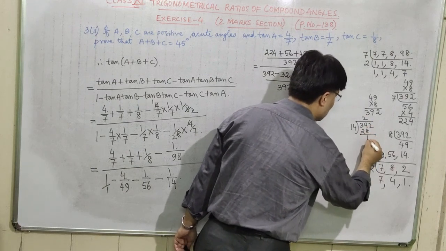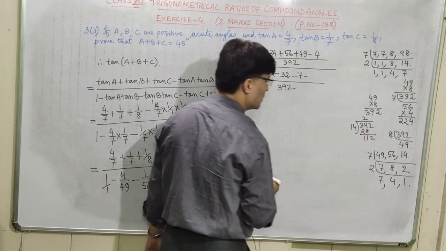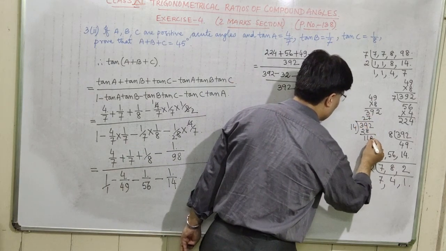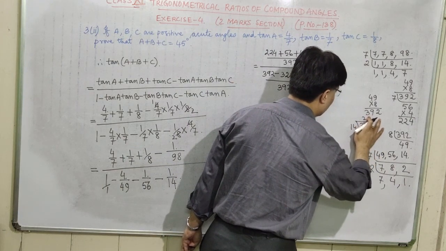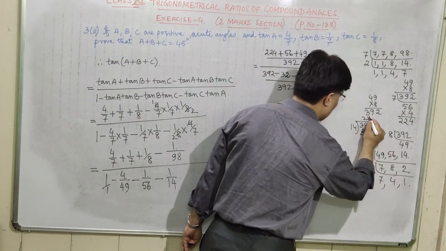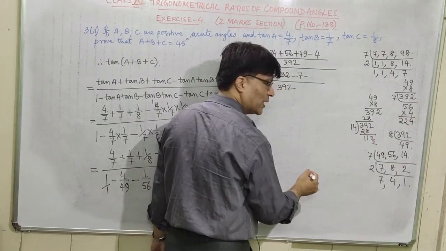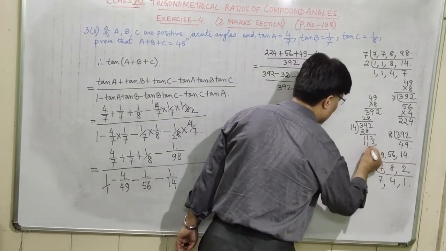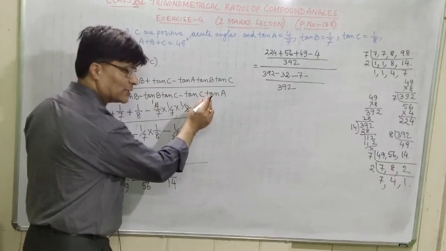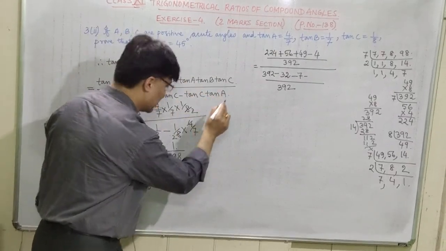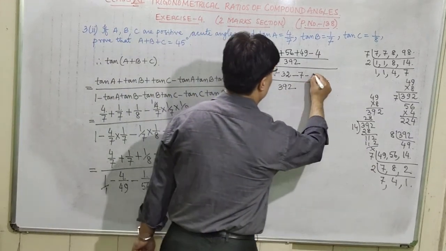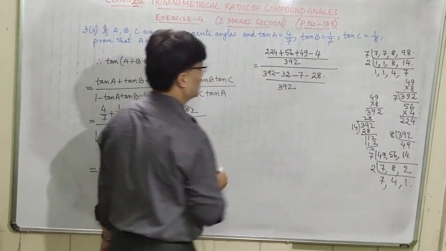So 9 minus 8 is 1. 7 times, isn't it? 7 fours are, oh not 7 times, sorry. 8 times. 8 fours are 32, plus 3, 8 ones are 8 plus 3 is 11. So that means 28 times. So if you divide 392 by 14, it goes 28 times. So it is minus 28.